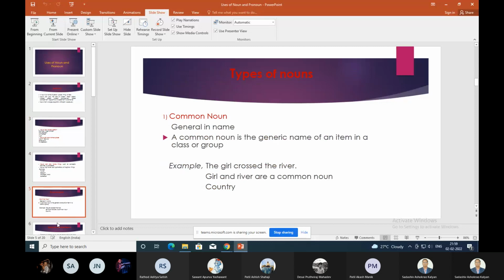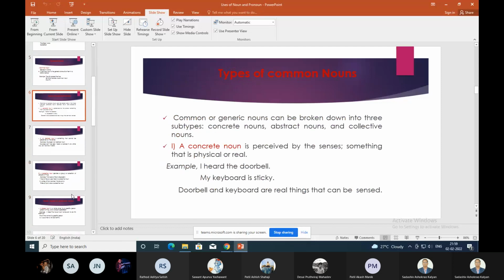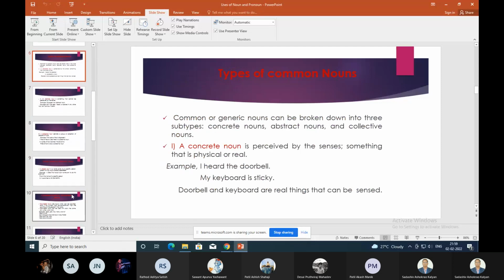There are also types of common nouns in which we studied the concrete noun, which can be perceived by our senses, that we can observe, like in our example, I heard the doorbell.